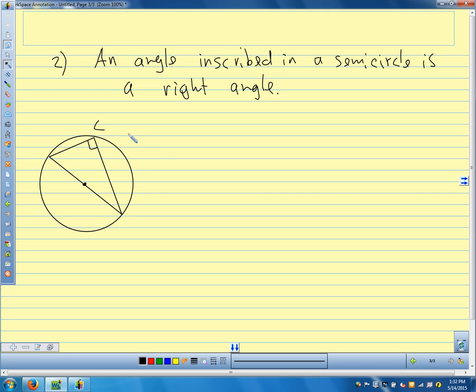We call that angle C. We can say the measure of angle C is 90 degrees. And this makes sense because how many degrees is half a circle? 180. To go from the arc to the angle, we do what? Divide by 2. 180 divided by 2 is 90. There you go. That's why that works. So that's why we call it a bonus theorem, because it's really easy to figure out from our original one.